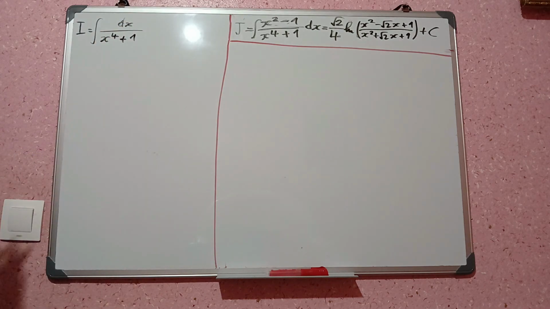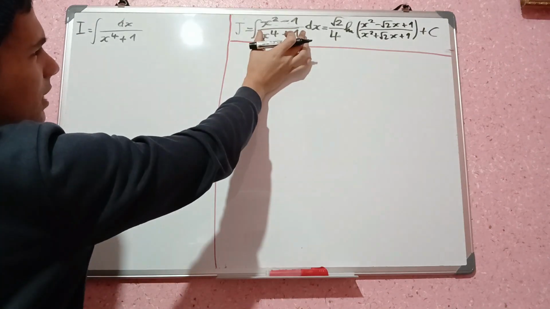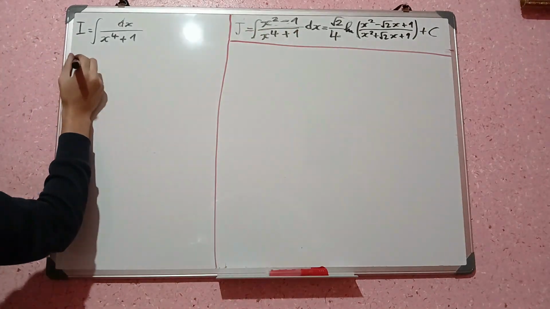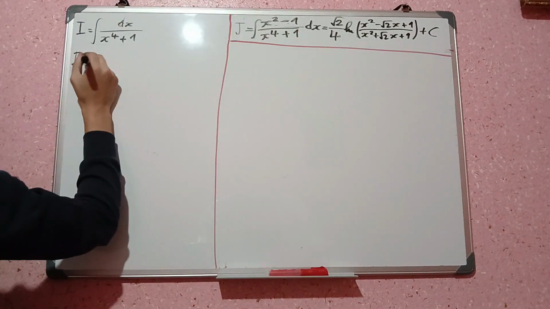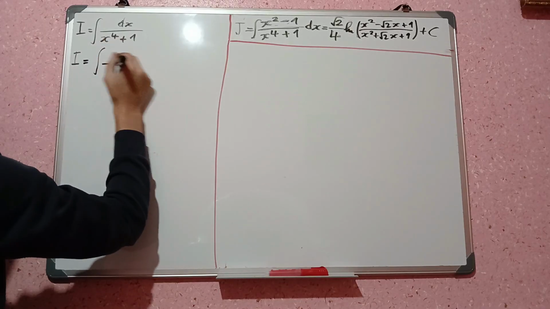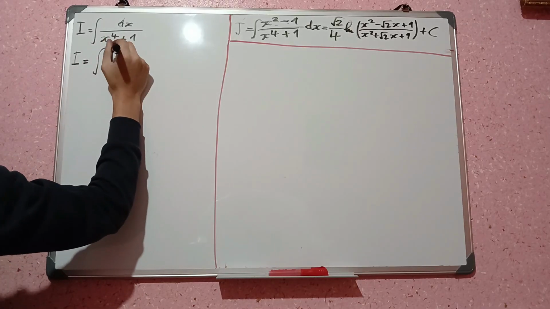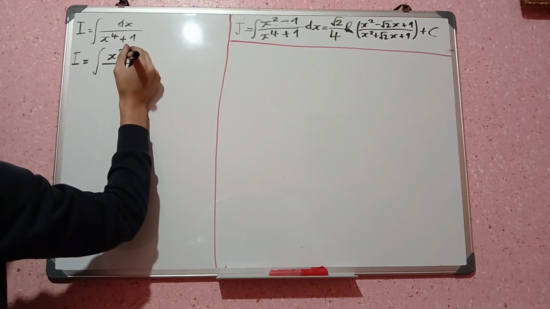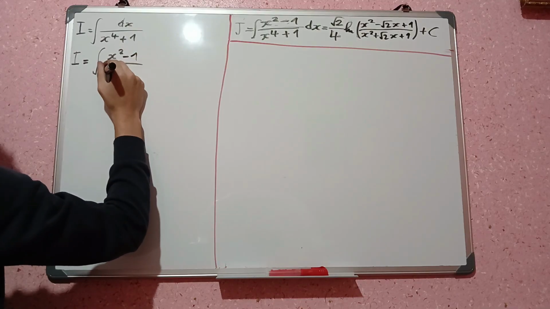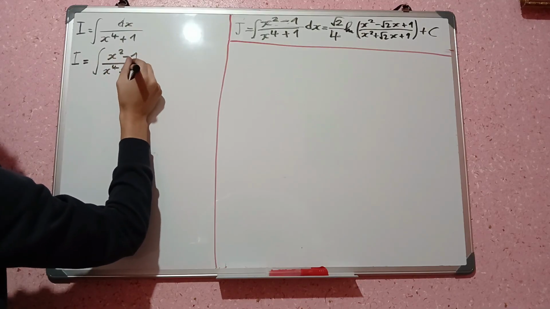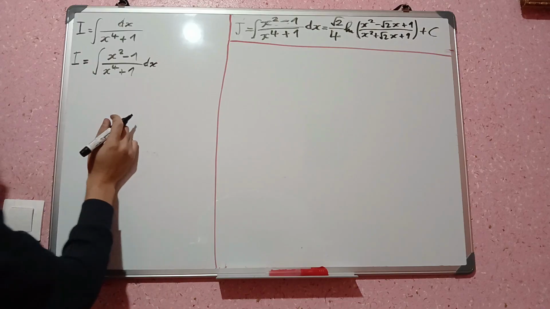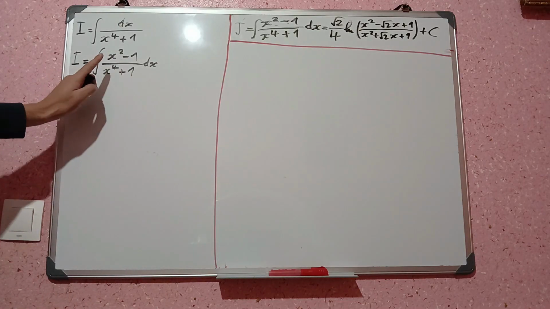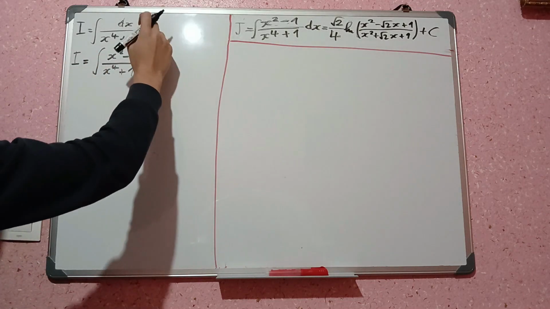This integral is very different than this, but we can make it the same as this. How? Let's put for the integral of x squared minus 1 over x to the power of 4 plus 1 dx, and this is no longer the same as the original.